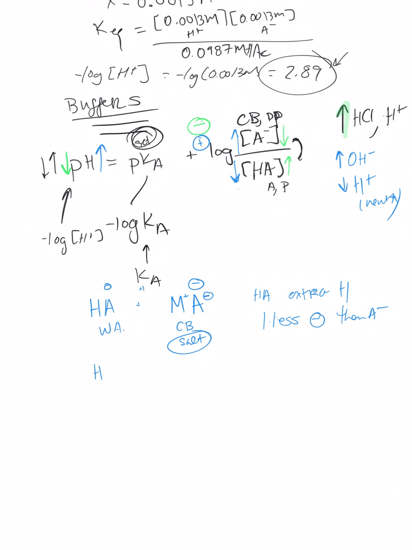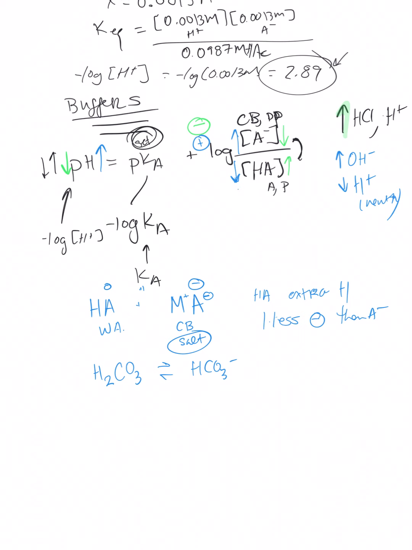Similarly, if we have H2CO3 versus HCO3 minus, we have one more H over here. We're minus 1 over here, we're 0 over here.